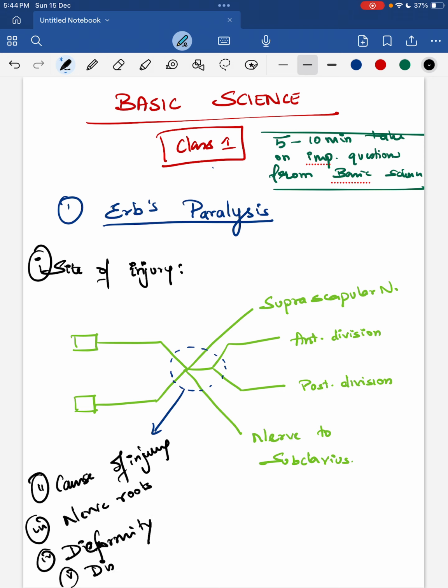Deformity is your position of the limb. Fifth one is your disability. Okay, so these are the 5 subheadings that need to be involved in the question.